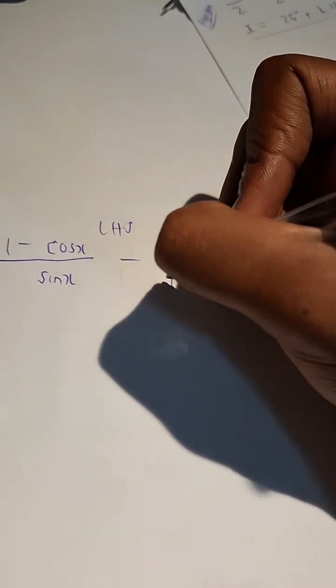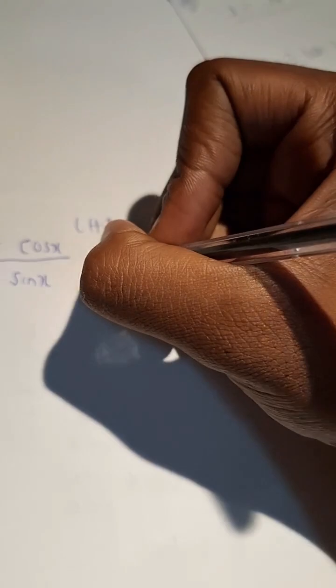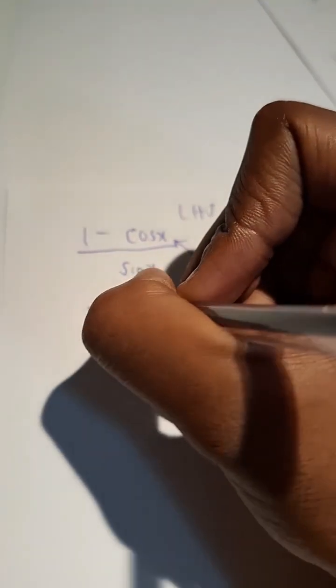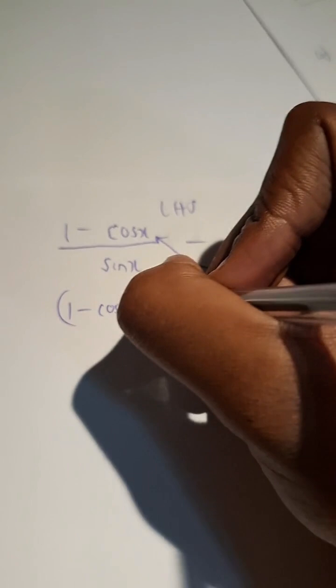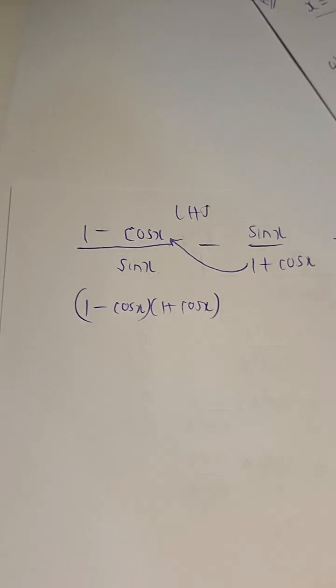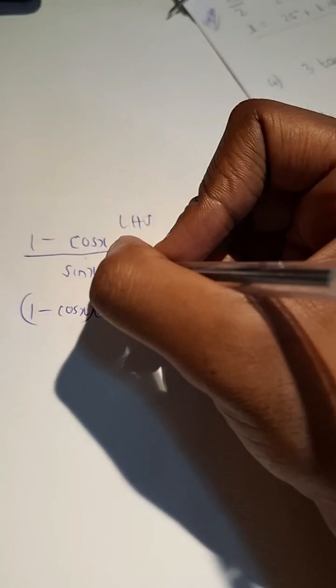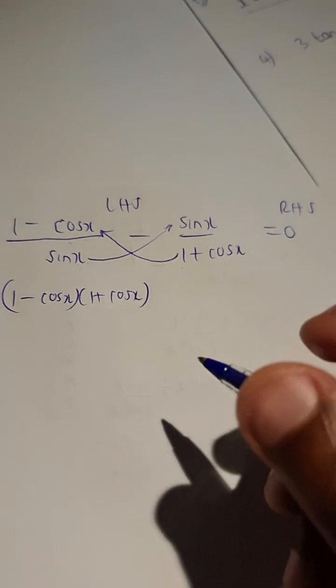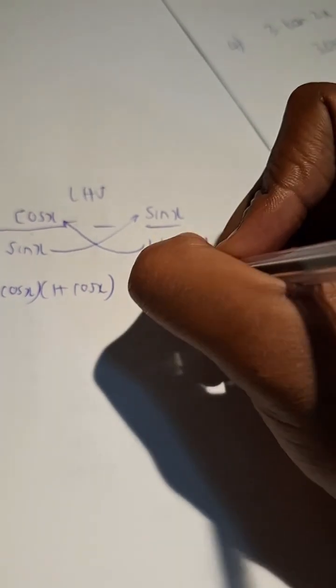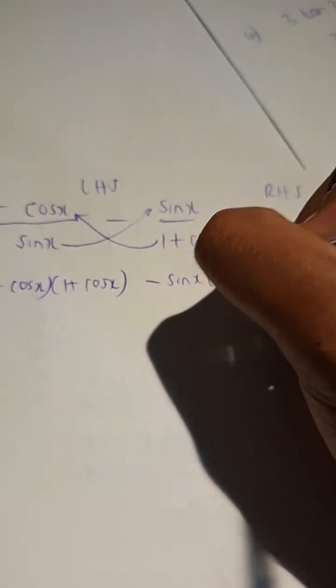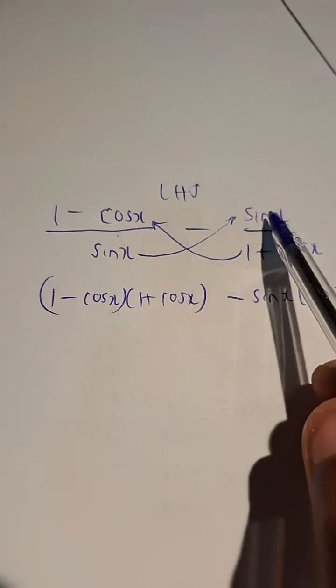Multiply this with that. So in other words, 1 minus cos x into 1 plus cos x. There. You multiply this with that. Minus sine x into another sine x. This sine x times the sine x with the negative sign.